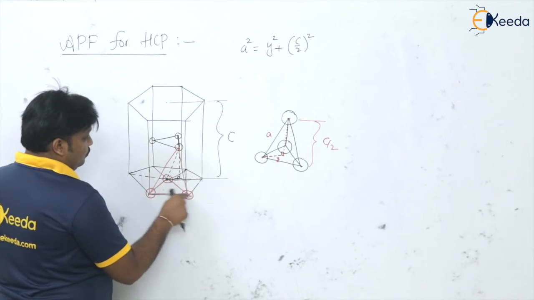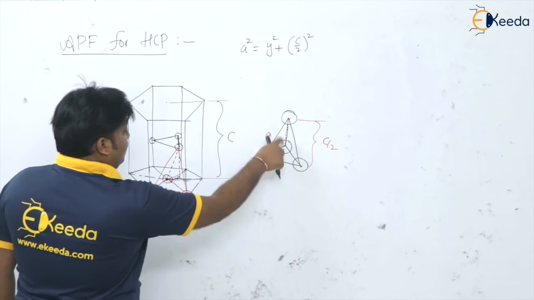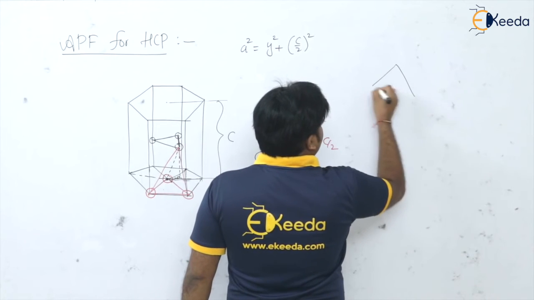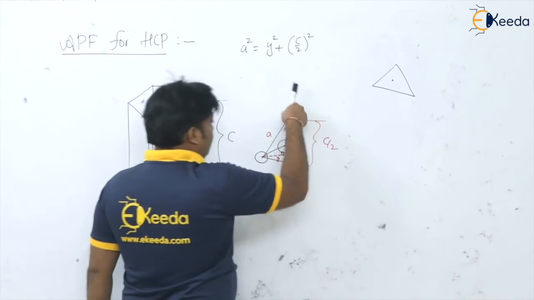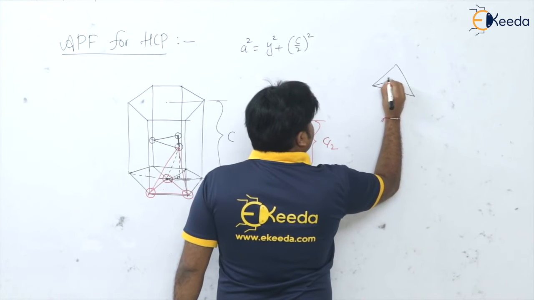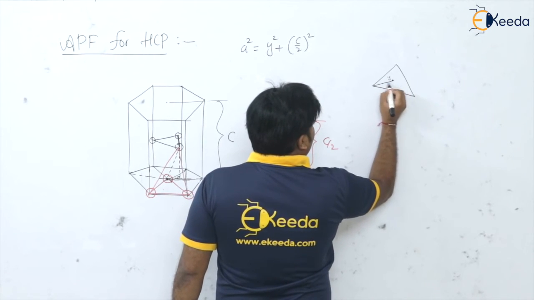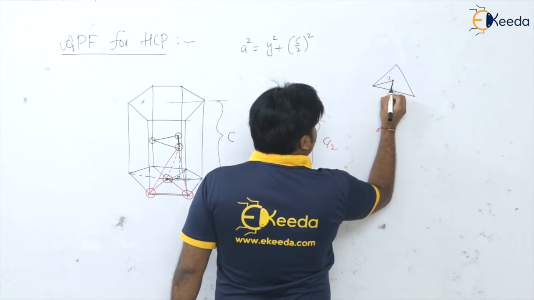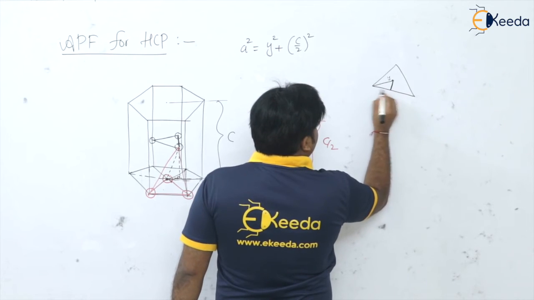So I am taking this one where we have drawn the perpendicular, so here, isn't it? So this is our point where we have dropped the perpendicular. So this is the distance y, okay, and if we draw the perpendicular or normal from this point on this side of this equilateral triangle, it will bisect this side, isn't it?